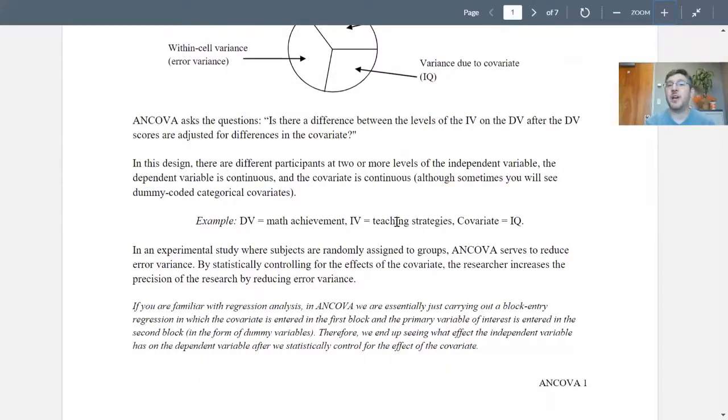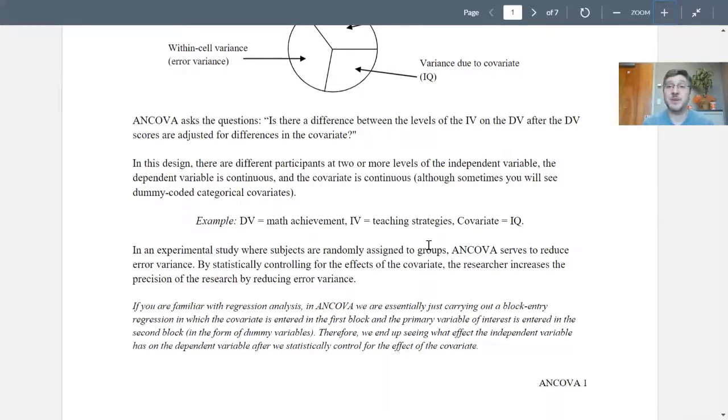So you can see here's an example. We want to know whether, of 3 different teaching strategies, one of them was more effective at increasing students' math achievement. Our main independent variable of interest here is the different teaching strategies. We also know that students' IQs would be related with math achievement.